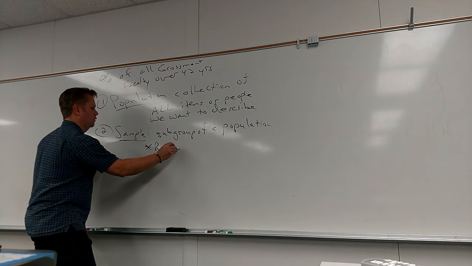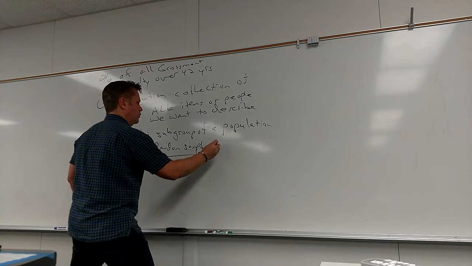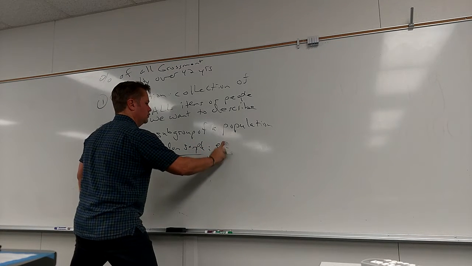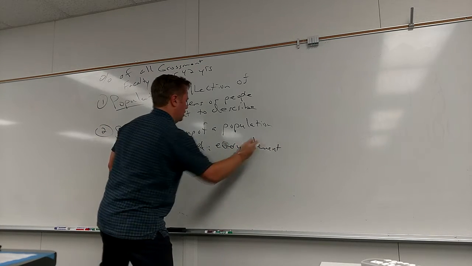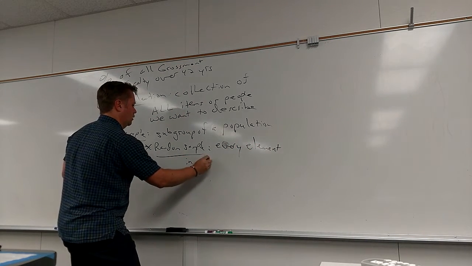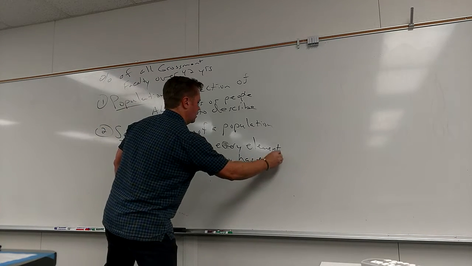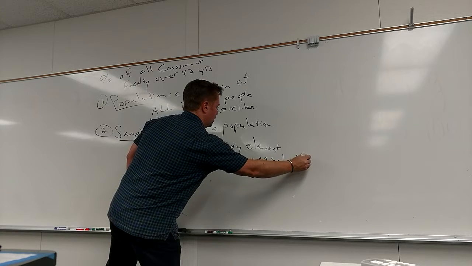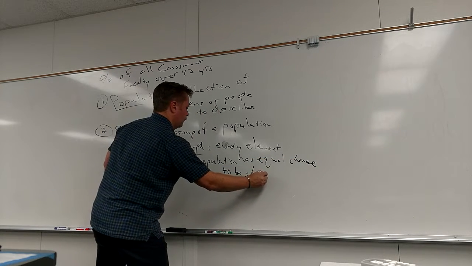Okay. So random, a little sub note here. A random sample, which seems very important, is one where, let me try to write a little bit mathematical, every element in the population has an equal chance to be chosen for the sample.